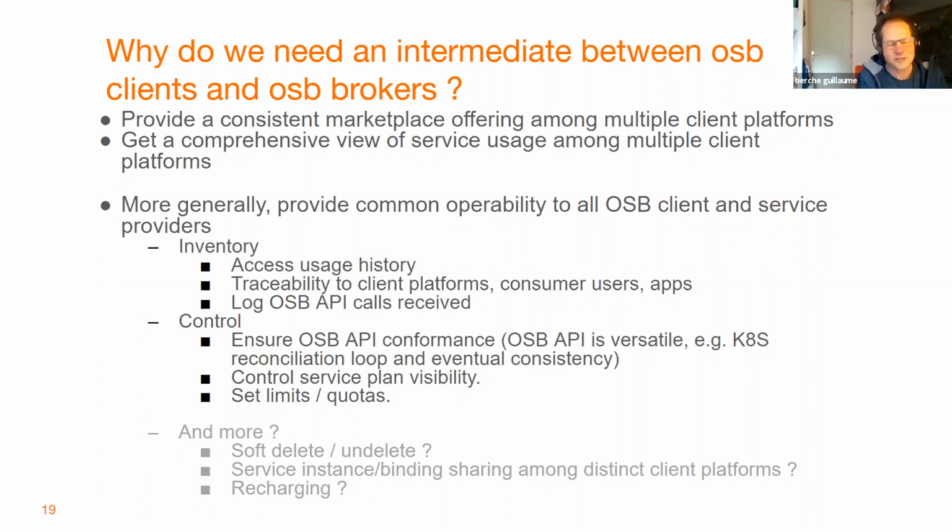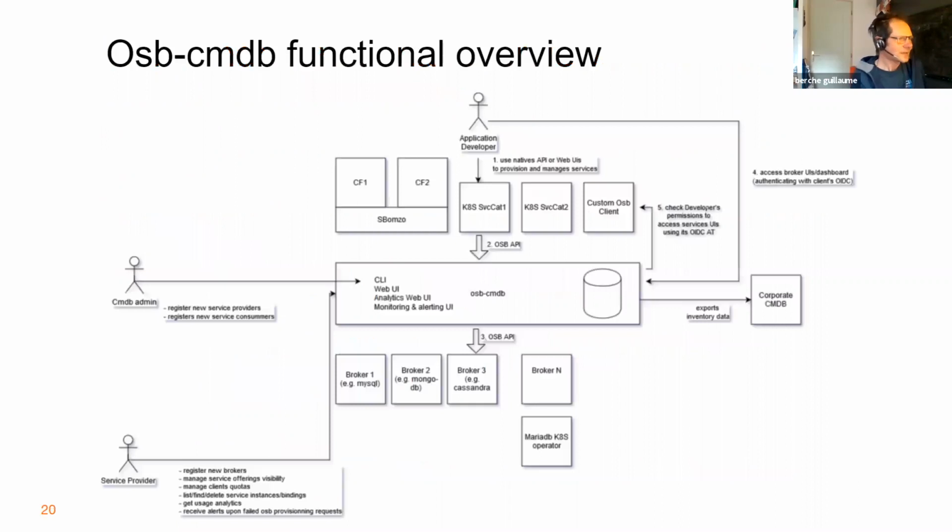Service instance and service binding sharing between distinct client platforms. For example, sharing a Kafka cluster between a Kubernetes instance and a Cloud Foundry instance to be able to share messages. And potentially doing recharging as well, and stuff like that. So how does it look? And what are the different actors that are supported in the system?